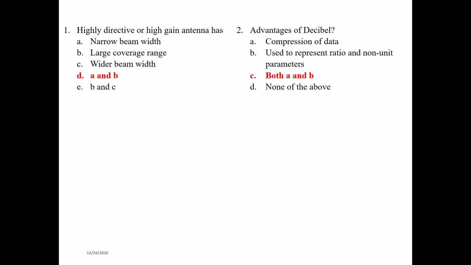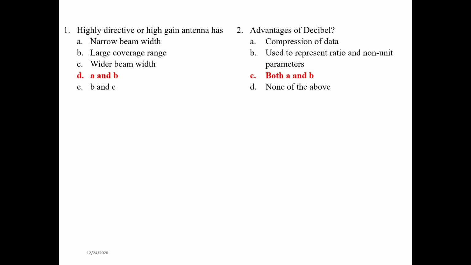The next question is about the advantages of decibel. The first straightforward advantage is compression of data. For example, 10 into 10 power 7, if you want to write it as a digit, will be a very huge number. If you mention it in dB, 10 power 7 will be 70 dB. That's it, so you are compressing the data.